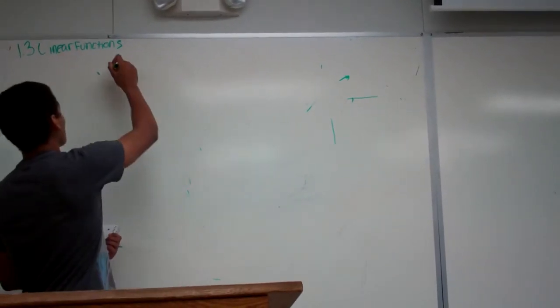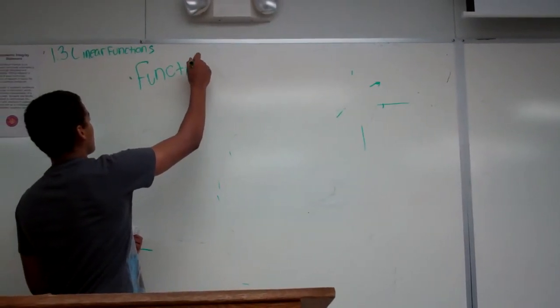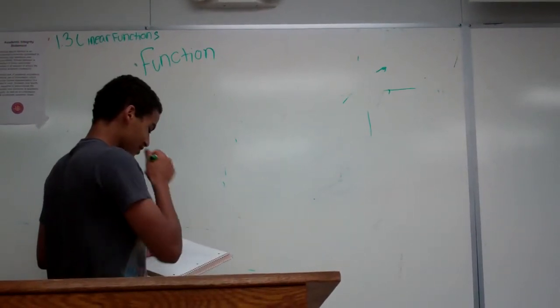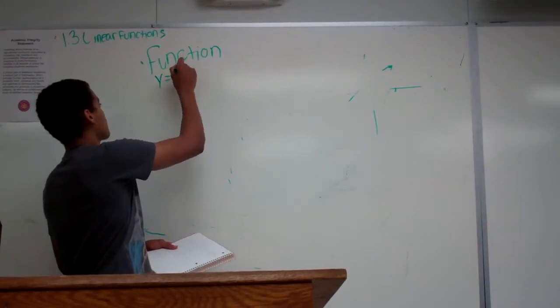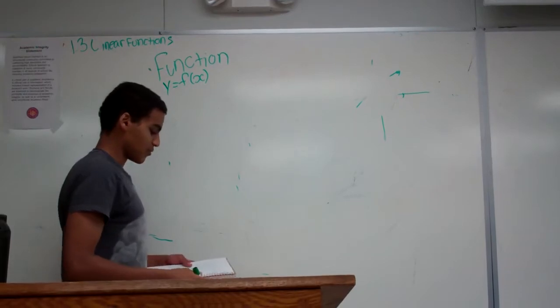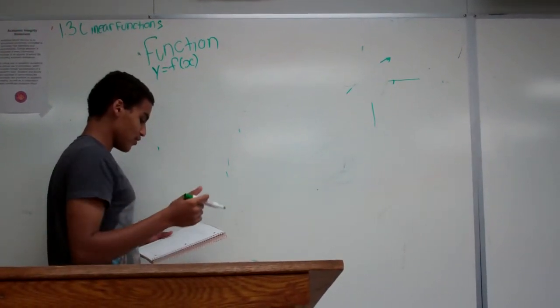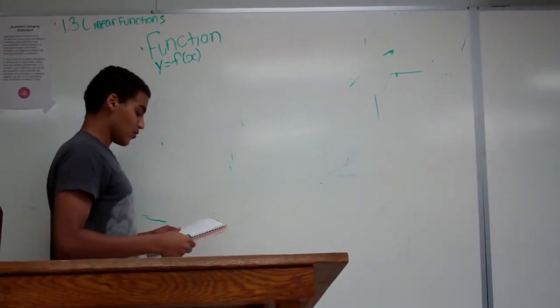Next section is functions, and the basic function notation from now on is y equals f of x. And what basically a function is, for every input or x value or domain, there can only be one output.